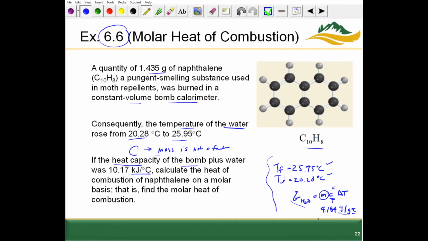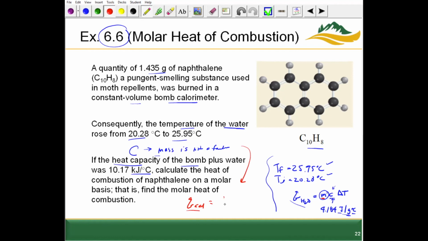What do we do if we have a piece of data that's not a specific heat capacity, it's just a general heat capacity where mass is not a factor? So for the calorimeter, for Q cal, we don't care about the mass of the calorimeter, so it's not going to include m in the heat of the calorimeter.